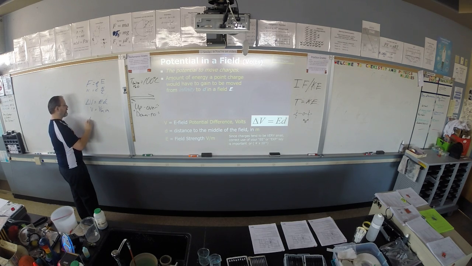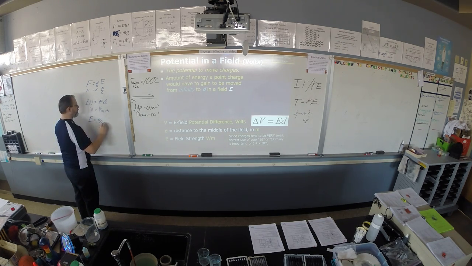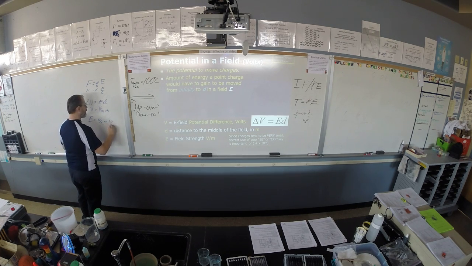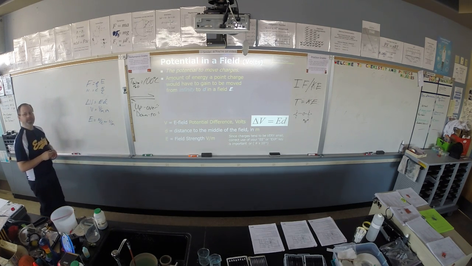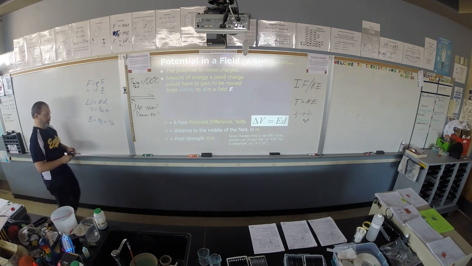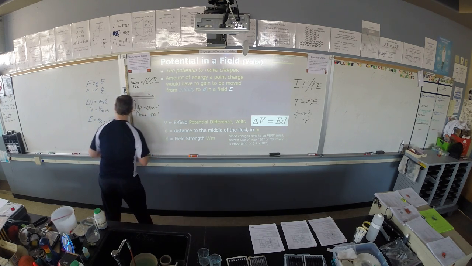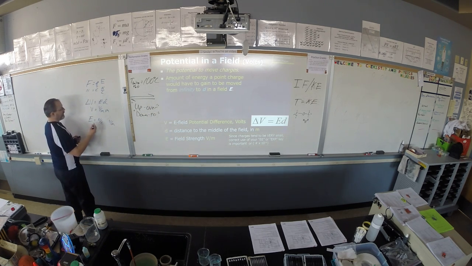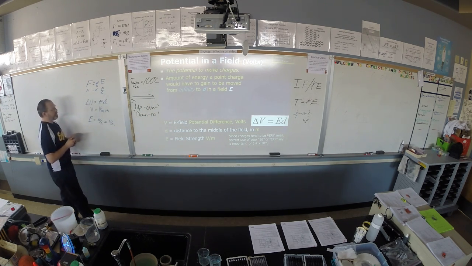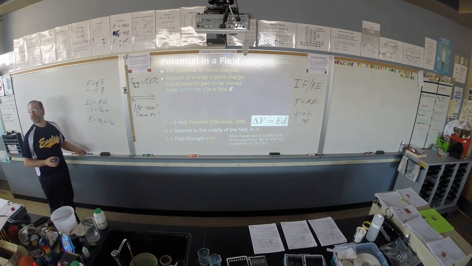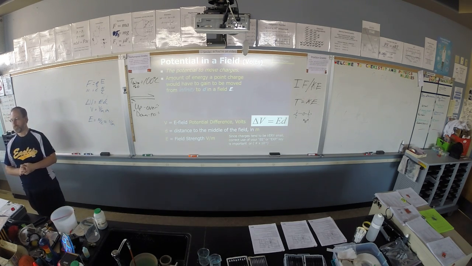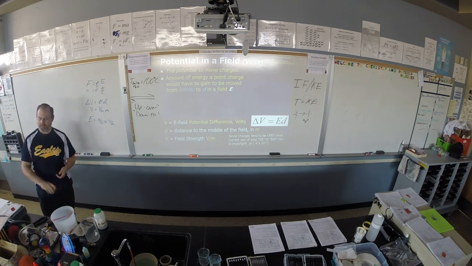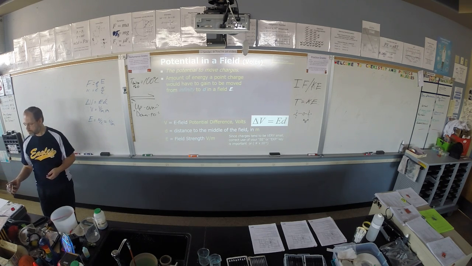So what this means is electric field strength can be Newton per Coulomb or volt per meter. And what's really cool is it can be both. So you can basically put an equal sign in there. A Newton per Coulomb is a volt per meter.